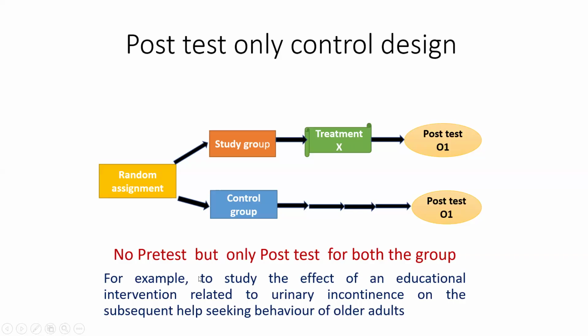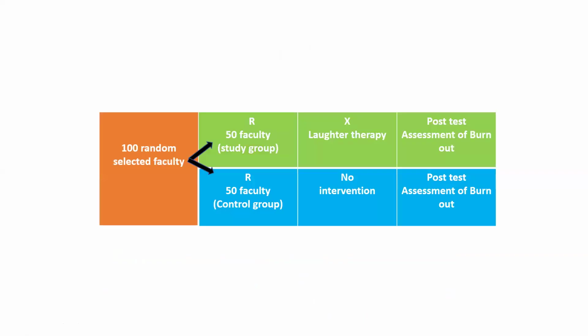We can do it, for example, to study the effect of an educational intervention related to urinary incontinence on the subsequent help-seeking behavior of older people. Here a pre-test cannot be conducted, only a post-test is conducted, and this is the picturized form.